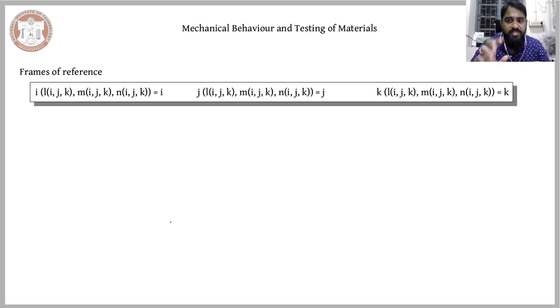I cannot use this as a proof because this requires that I know the relation between all the bases of my frames of reference.